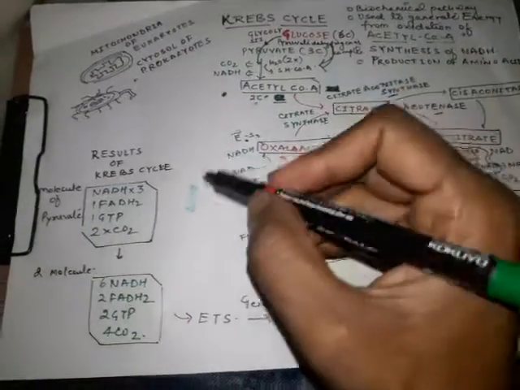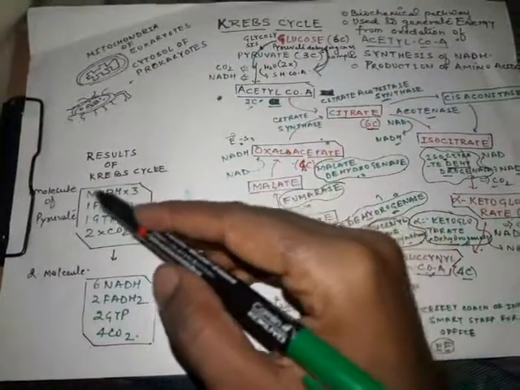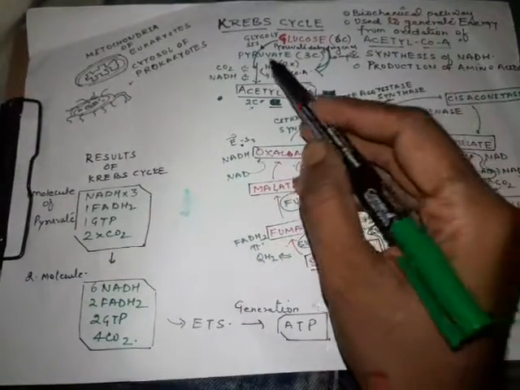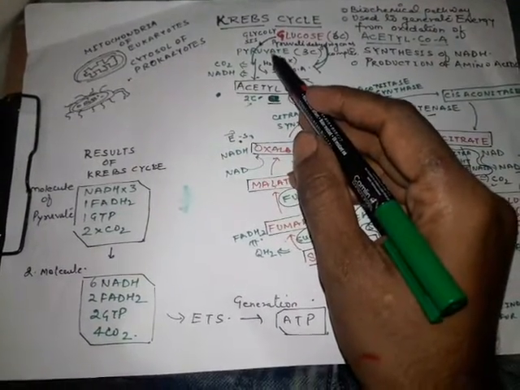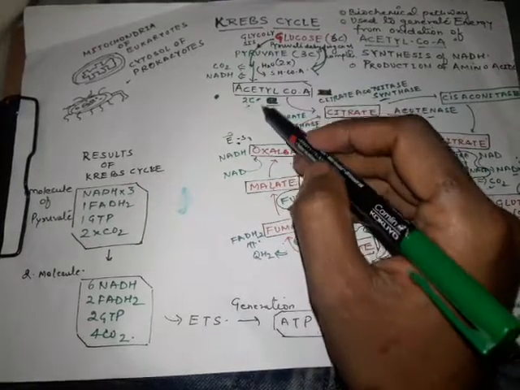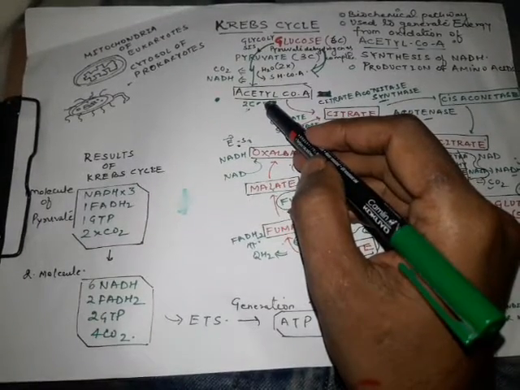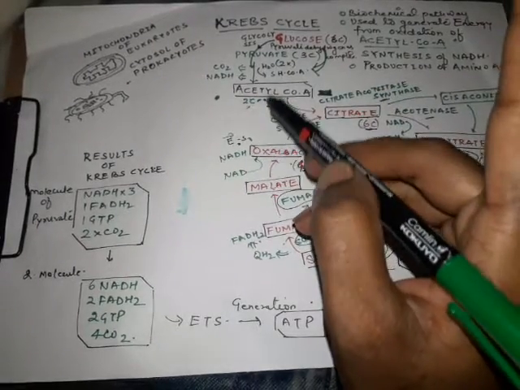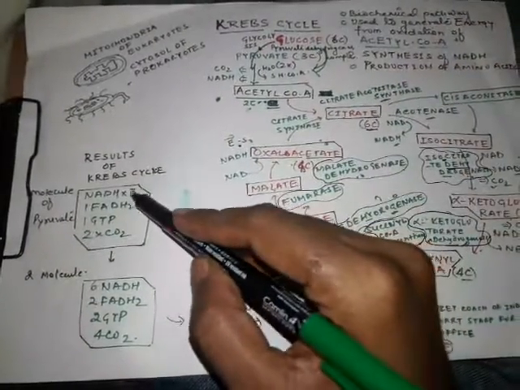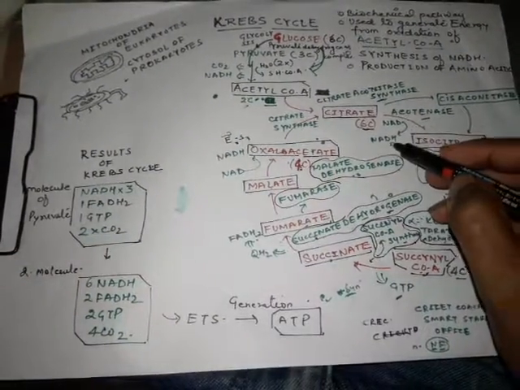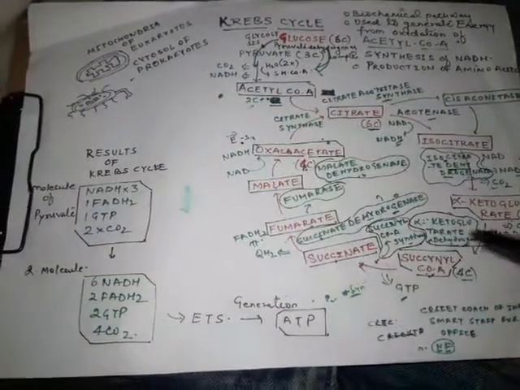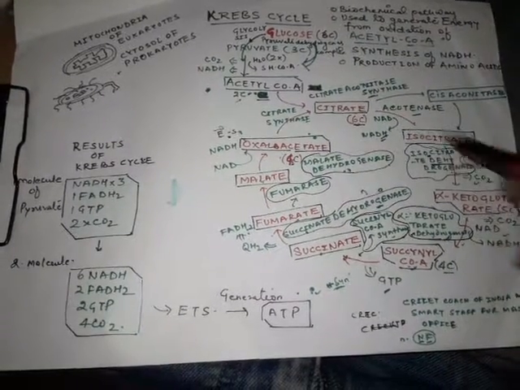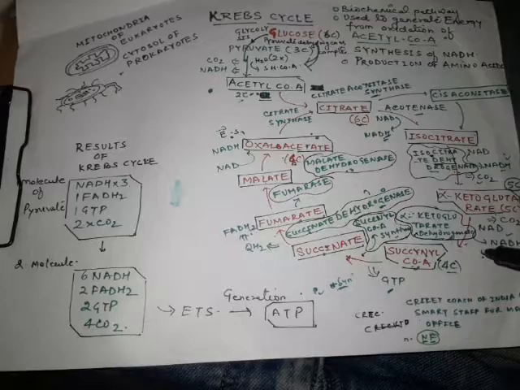Now if you see the results of the Krebs cycle, one molecule of pyruvate is involved here and is converted to the 2-carbon compound acetyl coenzyme A. So when one pyruvate is involved in this cycle, then if you count the NADH here: 1, 2, and 3.